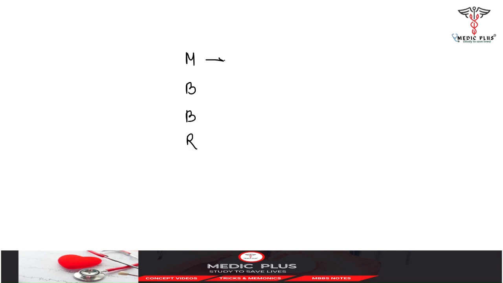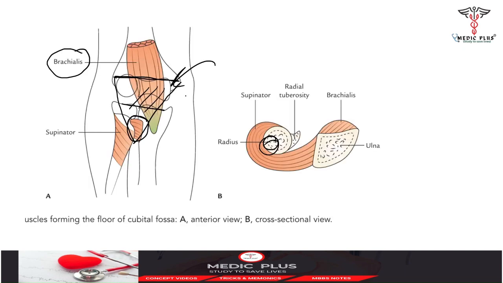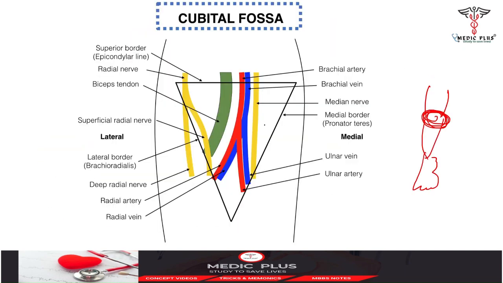MBBR. What is the meaning of MBBR? M means median nerve. First of all, you can appreciate the median nerve. Basically, the median nerve enters the fossa by passing between the two heads of the pronator teres.